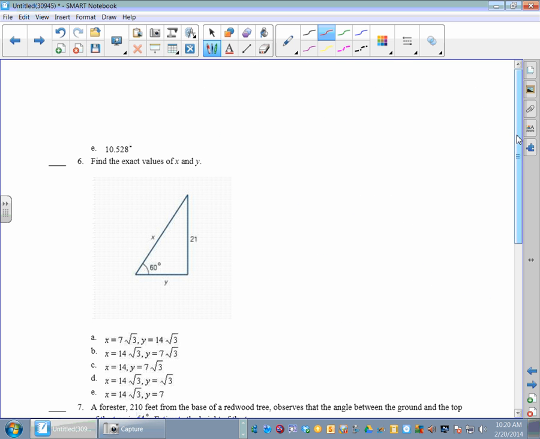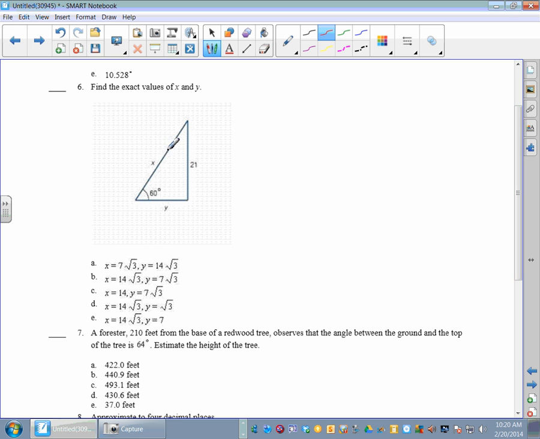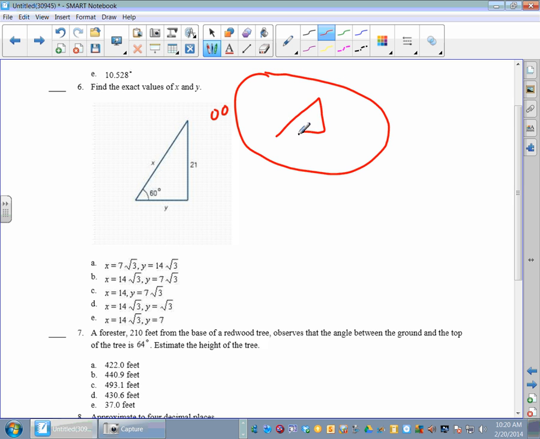Number 6. A couple ways of doing it. I think we've already done number 6, haven't we? A couple days ago you did it. Some people use the reference triangle. Riley, do you remember the reference triangle? Alright, what side is opposite? What side's the hypotenuse? 2, right?